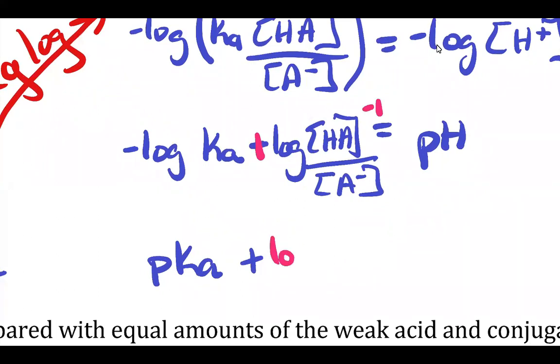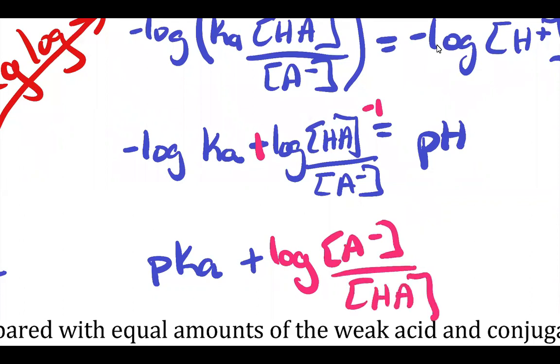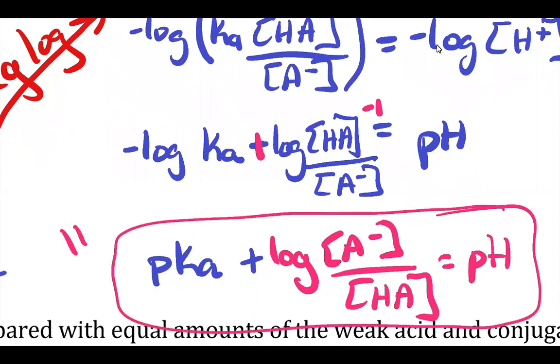I get the positive log, and if it's raised to the negative 1, all I have to do is flip-flop my numerator and denominator. So I get the log of A minus over HA, plus pKa, equal to pH. Well, this is the Henderson-Hasselbalch equation. We just got it from the equilibrium expression of the acid. That's all we did.